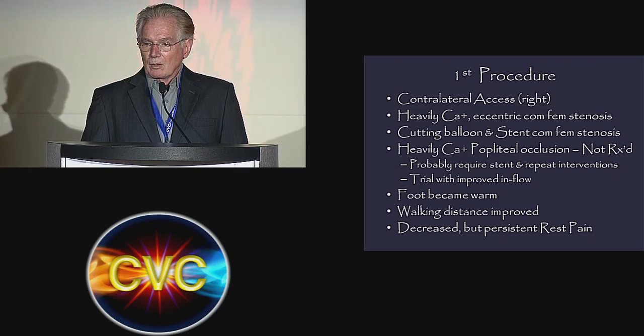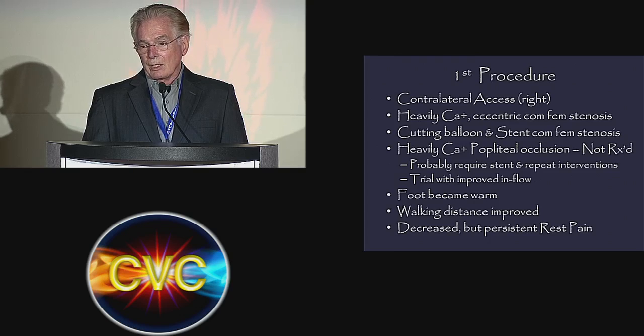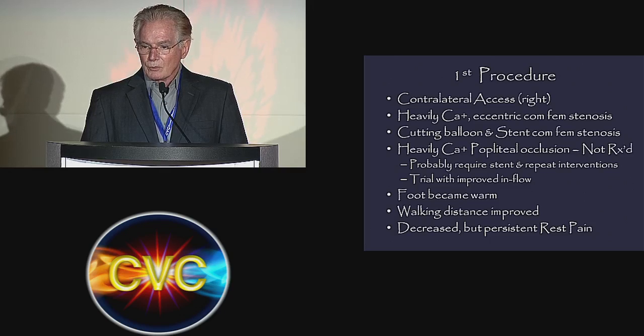We left him with a wide open profunda and SFA down to his popliteal. We didn't treat the popliteal. It was also a large clot volume, heavily calcified. My reasoning was that it would probably require a stent, which these days, in my experience, more often than not requires repeated intervention. So I wanted to give him a trial with improved inflow into both his profunda and his SFA.